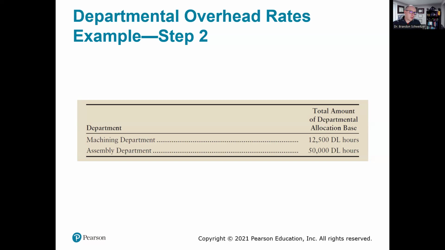And so we're going to separate that out by department. We're going to allocate 12,500 direct labor hours for machining and 50,000 direct labor hours to the assembly department. And the way that we determine how that is being separated out is based off of the number of hours from each department that was given to us in the earlier part of the presentation.